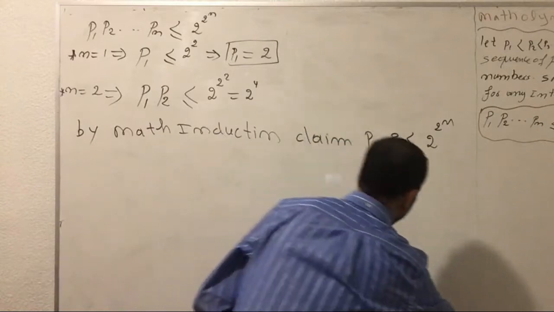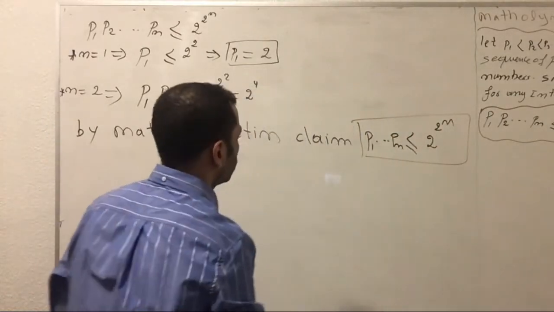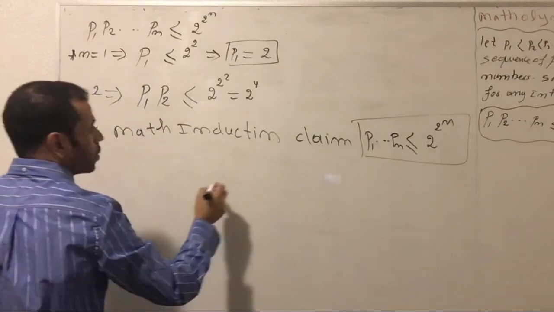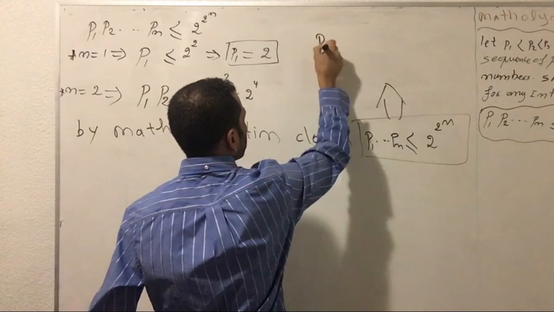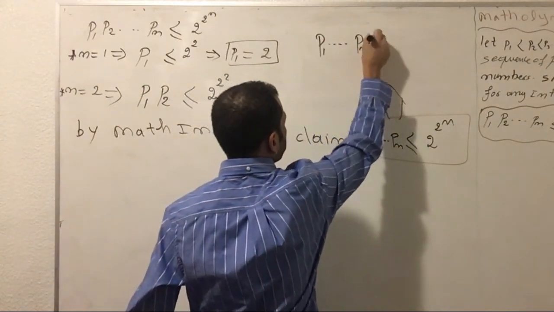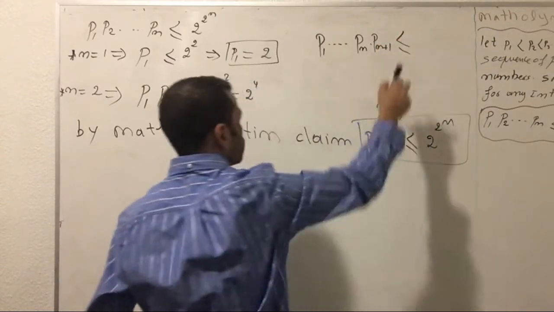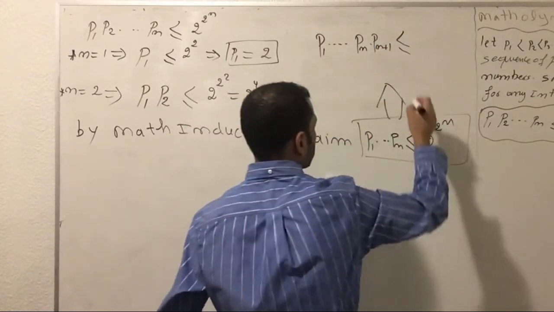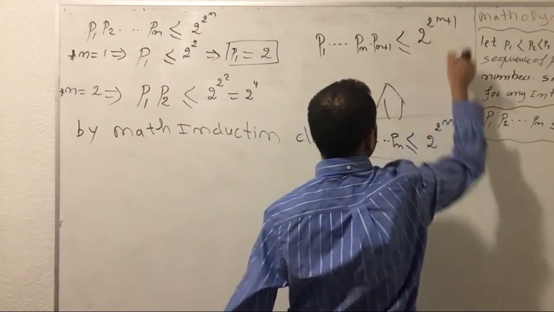I'm going to prove that P1 through Pn plus 1, the product P1 through P(n+1), is less than or equal to 2 to the 2^(n+1).